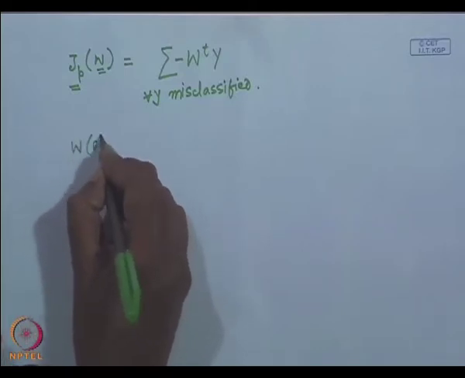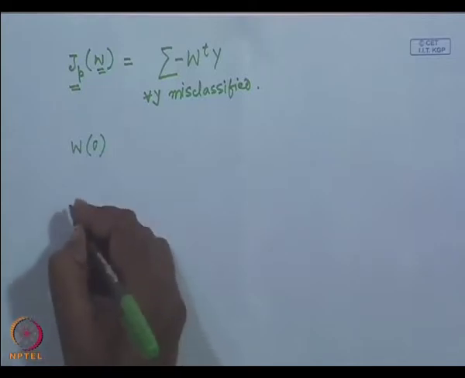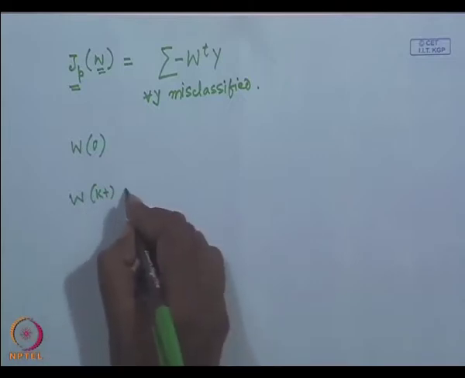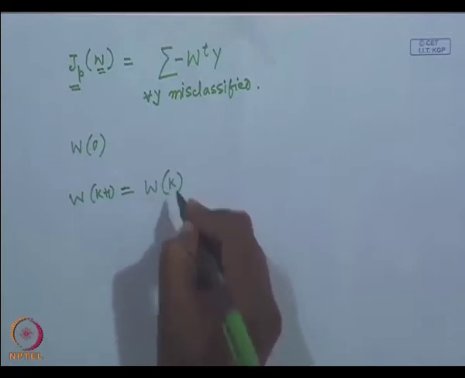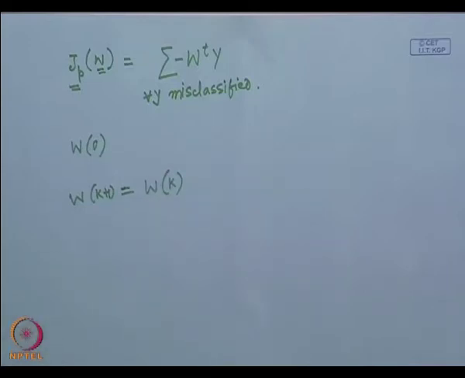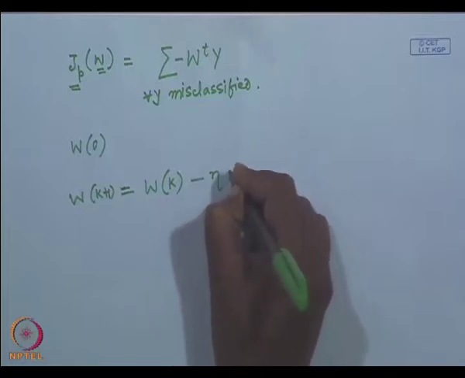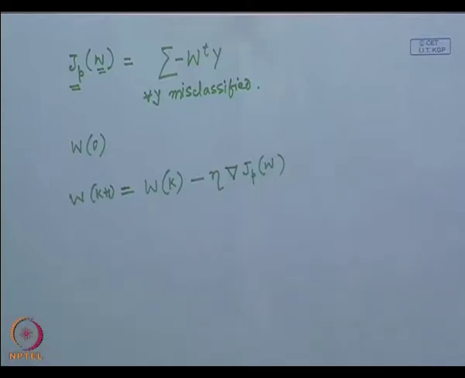So, initially you assume a weight vector W naught, and then in every iterative step, in the kth iteration, you set W(k+1), which comes from W(k), that is your weight vector at the previous iteration, and we are following the gradient descent approach. So, it will be minus eta times the gradient of J_p(W), where J_p(W) is given like this.